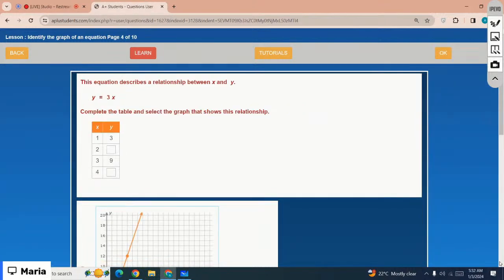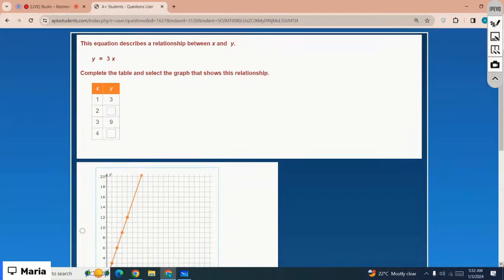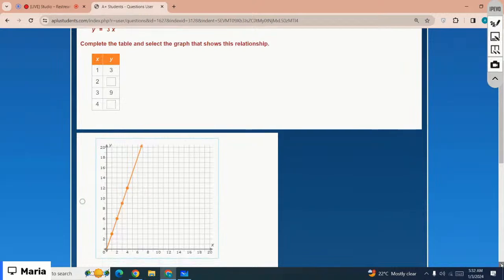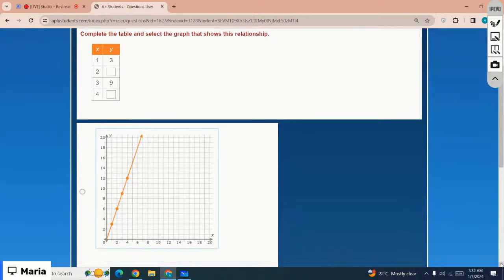The equation describes the relationship between x and y. Y equals 3x. Complete the table and select the graph that shows the relationship. So, which is the correct option? Just match these values with the first graph. Let's see if this is the correct option.